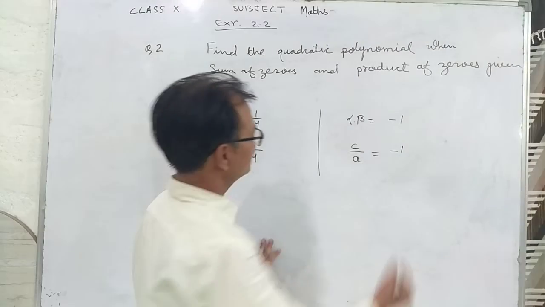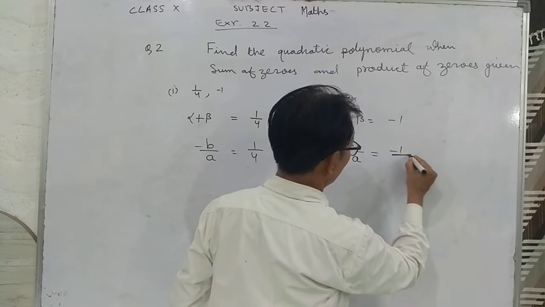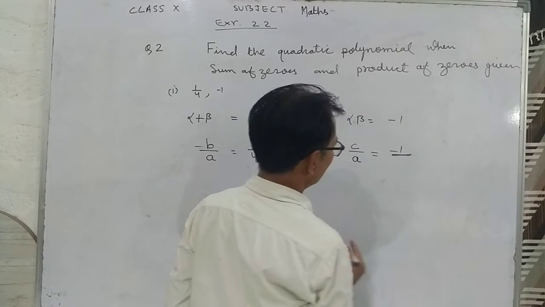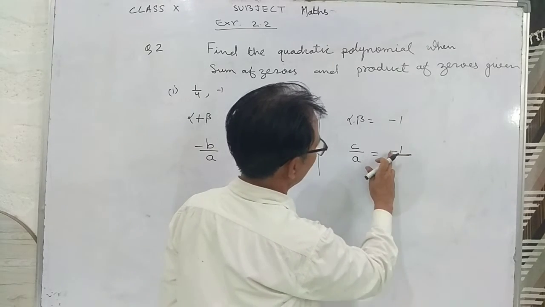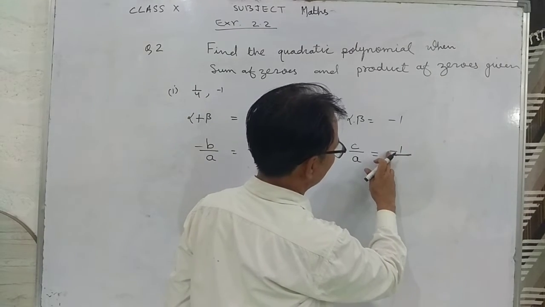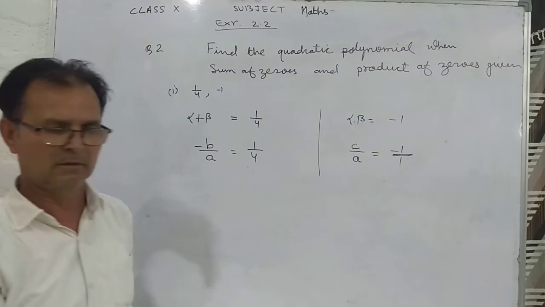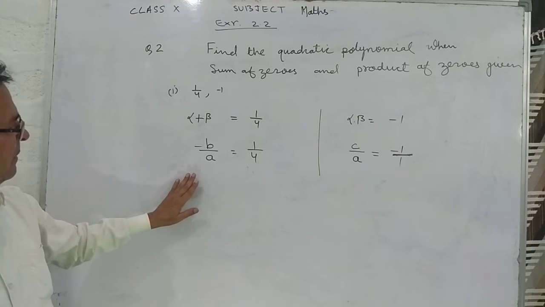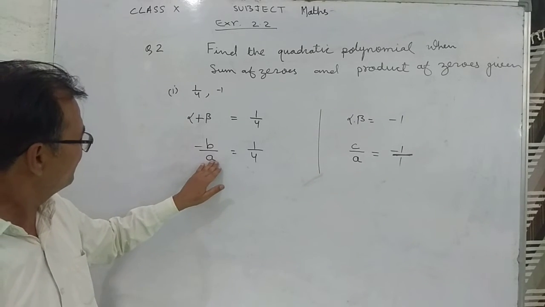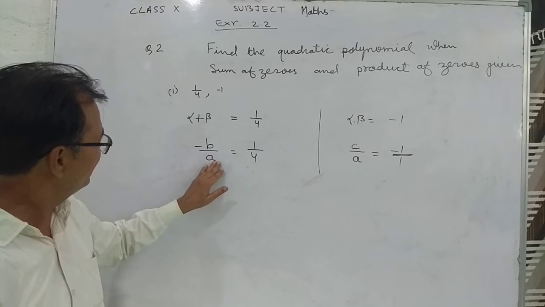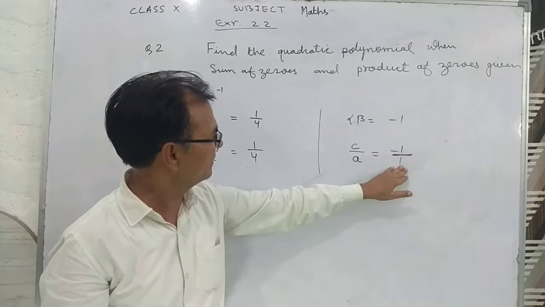We can make this as a rational number. We can represent in the form of p upon q. C upon a is p upon q. Minus 1 also we can represent as p upon q, minus 1 upon 1. At the comparison of a here we have 4, a here we have 1.